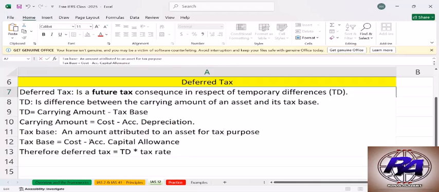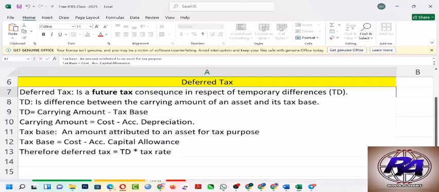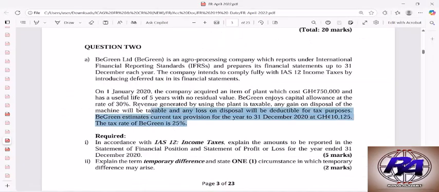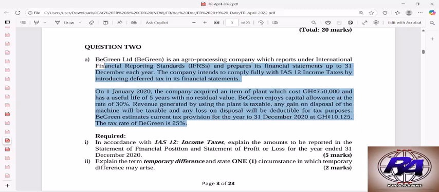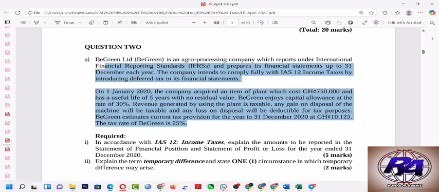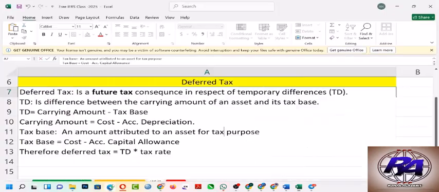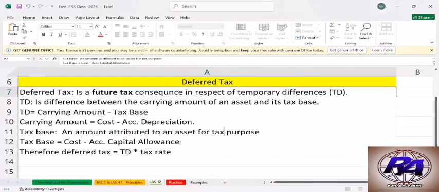So from this scenario, we should be able to solve this question without me coming in. We should be able to determine the carrying amount, the tax base, and the temporary difference, and apply our tax rate on it. But before then, let me teach you a trick.